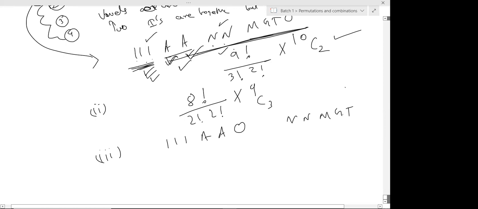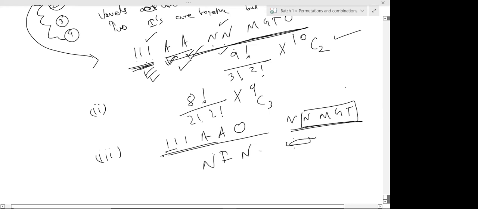See, if I start with a consonant, then suppose I fill this I here, then again a consonant, like that. In 4 letters, I have 5 gaps, but there are 6 vowels. That means 2 vowels will be together.